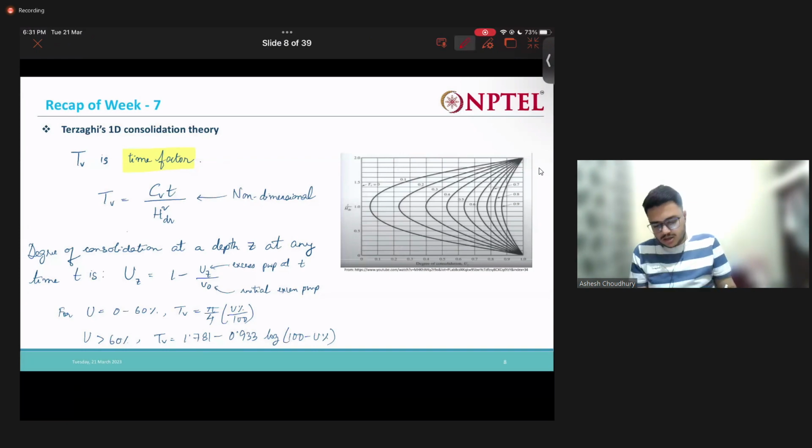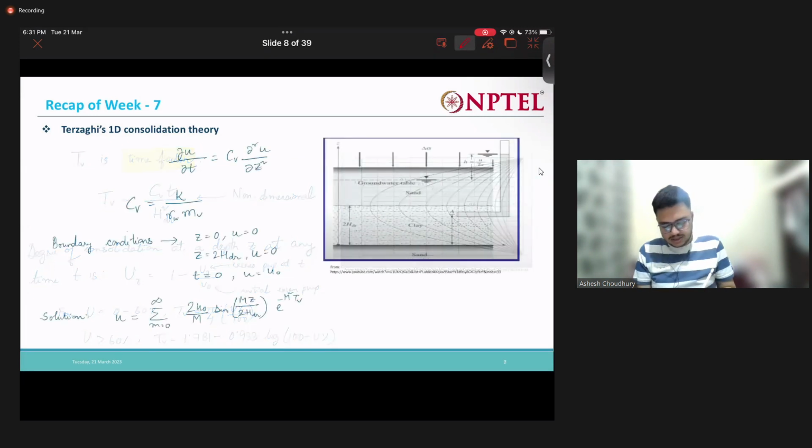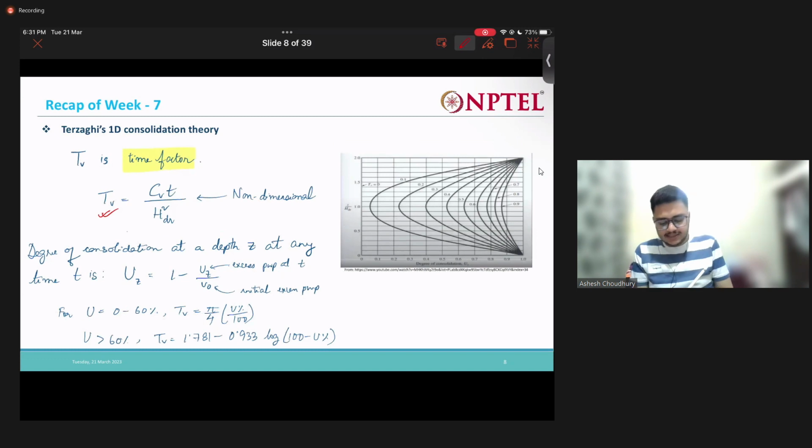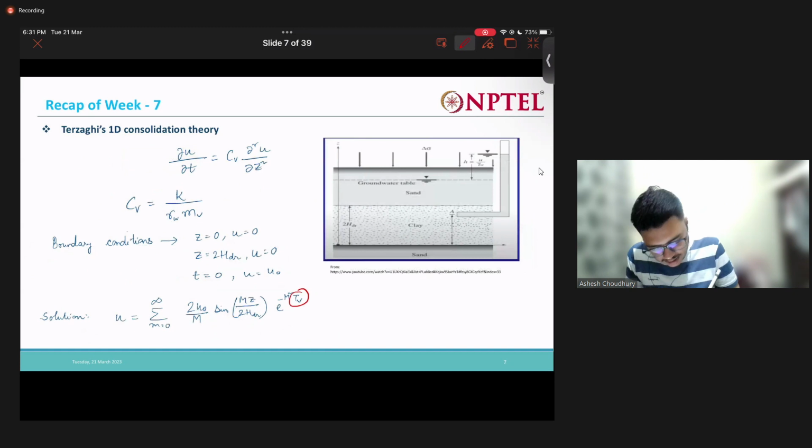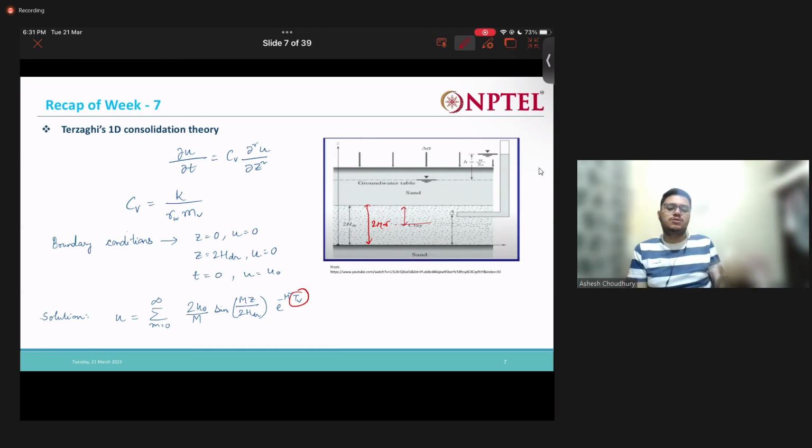So Tv is my time factor. Tv is equal to cv t by H dr square, meaning cv t divided by the length of the drainage path. Here my depth was twice Hdr, so the drainage path will be half of this, because it's double drainage: the top also, bottom also, water can come out.